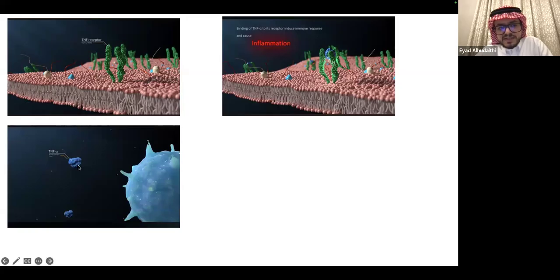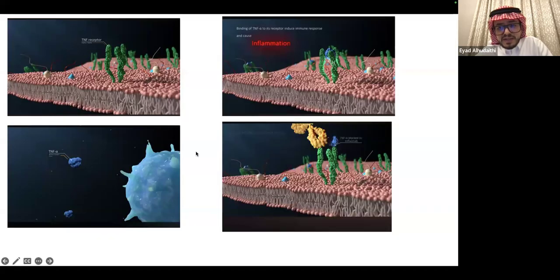And here, this is the TNF. The anti-TNF usually blocks the receptor to prevent the circulating inflammatory TNF from binding to its receptor. So this is how the anti-TNF works.